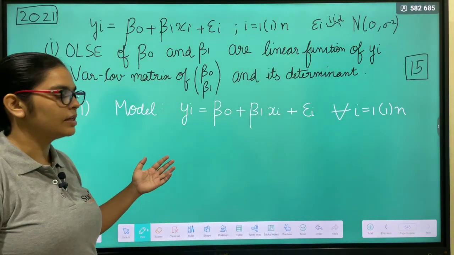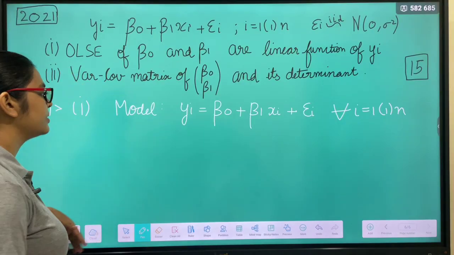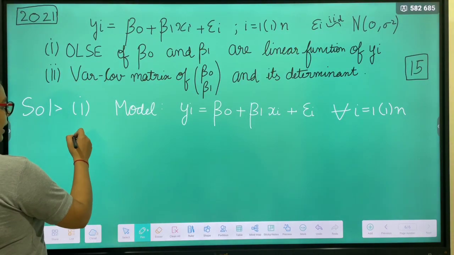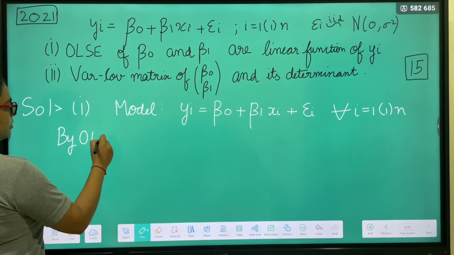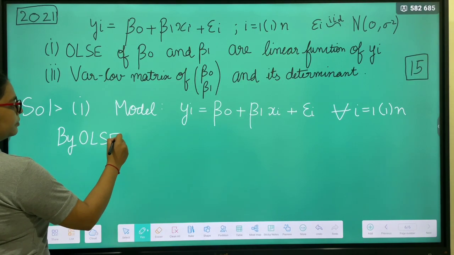Now yi is this. The next thing we will do is calculate it by OLSE, the ordinary least square estimation method.